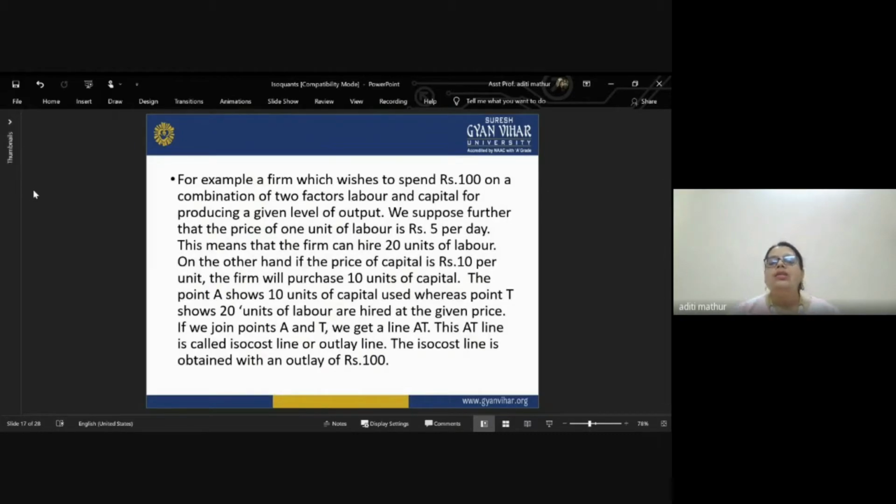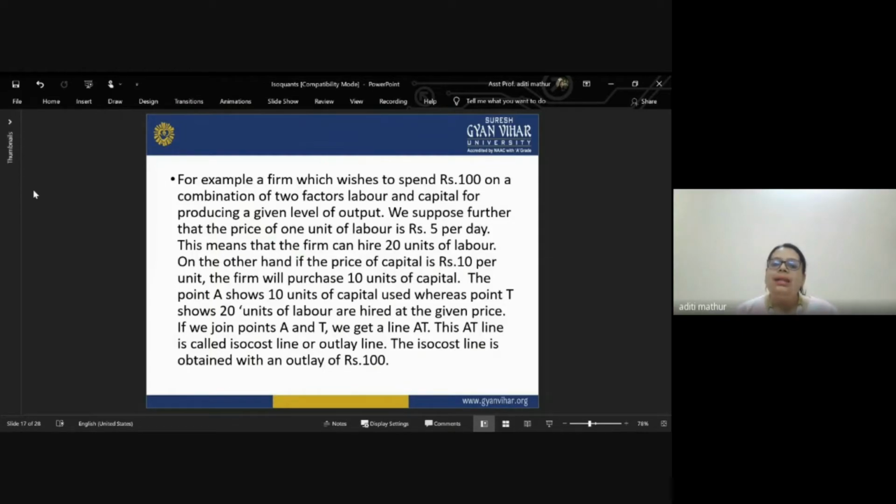Let us take a small example and understand the concept. For example, a firm wishes to spend 100 rupees on a combination of two factors, labor and capital, for producing a given level of output. We suppose further that the price of 1 unit of labor is 5 rupees per day.